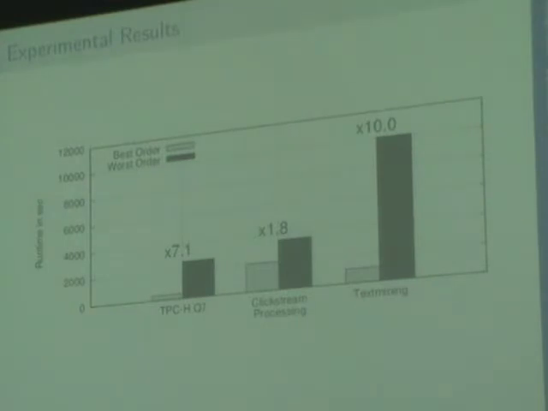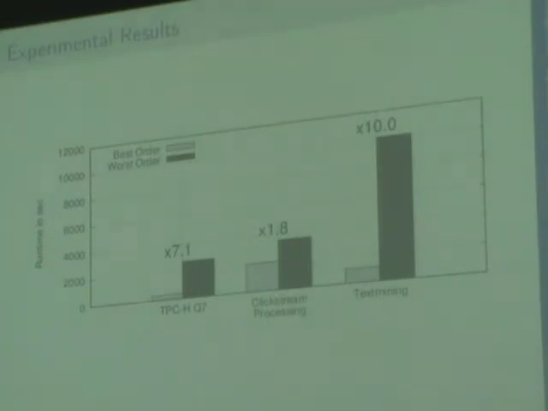These are just some numbers to motivate what we're doing. For example, TPCH query number 7 is a query that has a large number of joins, and it's obvious that if you have a bad join order, you have a very large runtime compared to when you have a good join order. So this is also what classical SQL systems can do, but then we have other workloads.